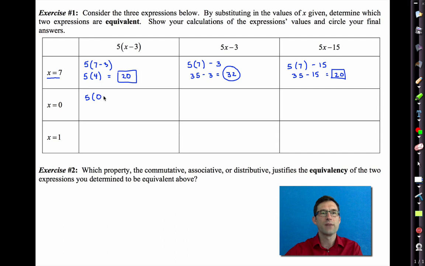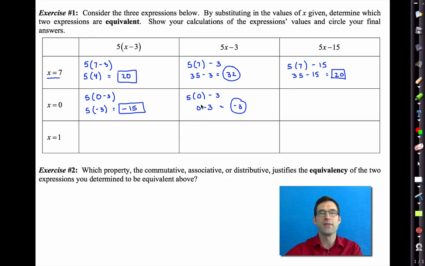Let's do 5 times 0 minus 3. I'm going to speed this up a little bit. So 0 minus 3, watch out, that's going to be negative 3. Then a positive times a negative is a negative, so we get negative 15. If I substitute 0 into this expression, 5 times 0 minus 3, I first have to do 5 times 0, which is 0. Then subtract off 3, and that gives me negative 3.